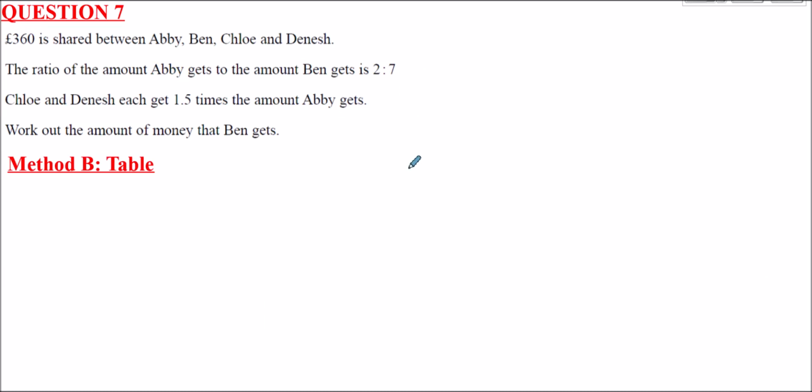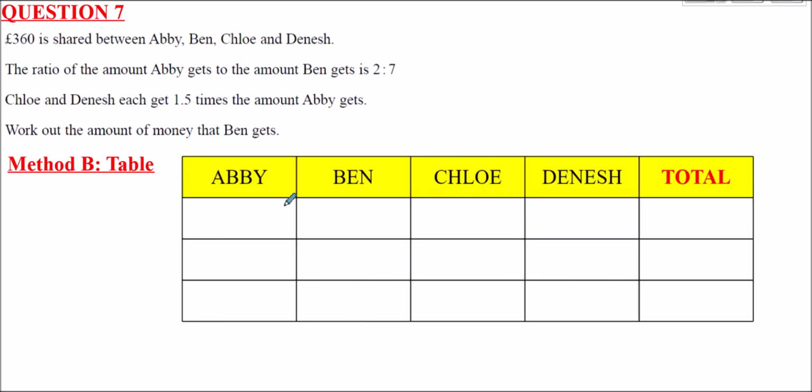This other way is thinking of it as a table. So the table could look something like this. Okay, so we just fill in, first of all, the total number of parts. So first of all, we're told the ratio that Abby gets to Ben gets, and obviously it's a spoiler because you've seen method A first, Abby to Ben is 2 to 7. So Abby gets 2 lots, and Ben gets 7 lots.